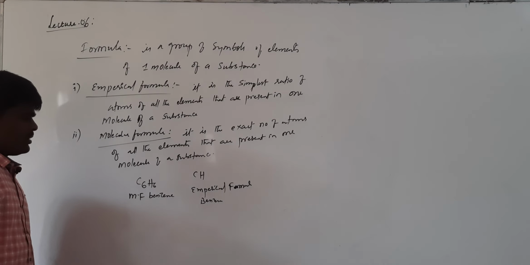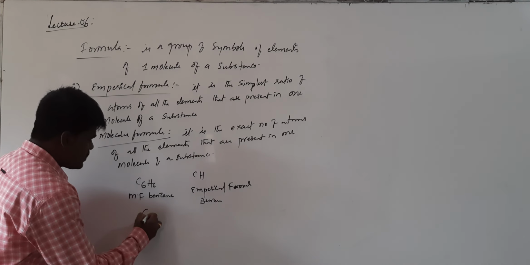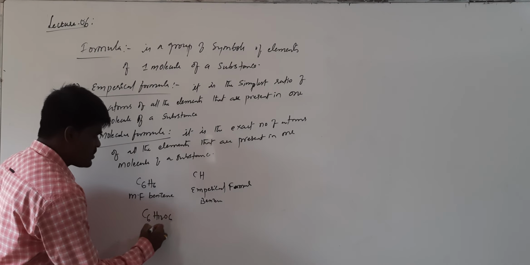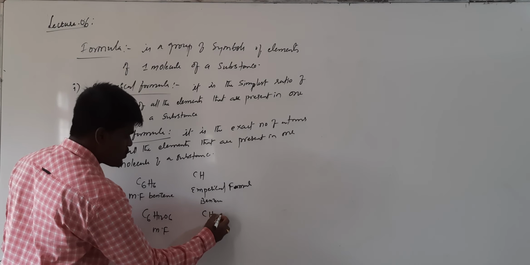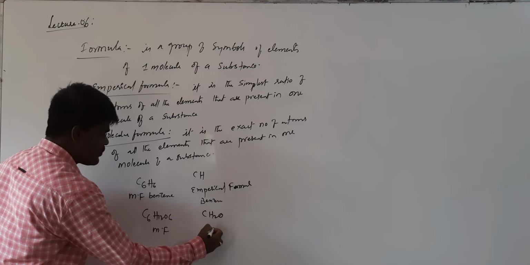Right? Suppose we are talking about glucose, C6H12O6. This is the molecular formula of glucose. The empirical formula will be CH2O. This is the empirical formula of glucose.